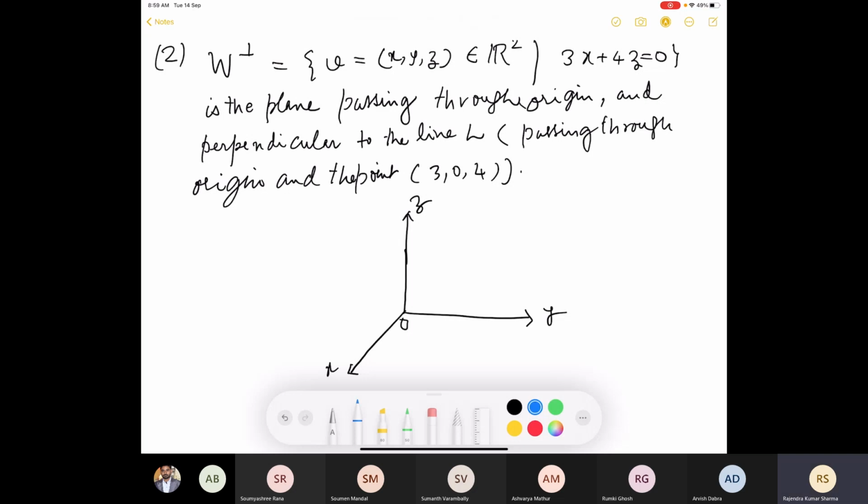So this is the point (3, 0, 4) somewhere. This is your W. And the line that passes through the origin and this point, this is the line L.